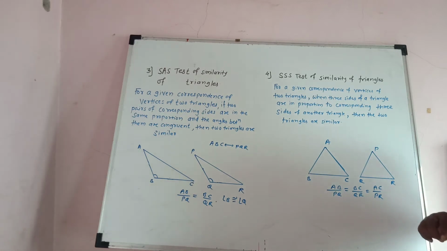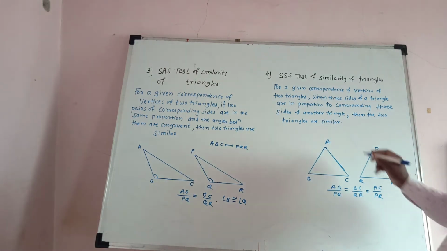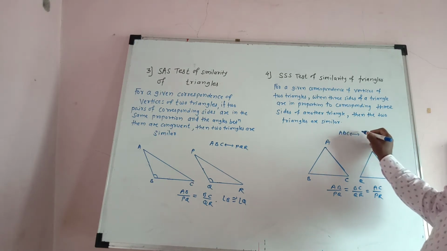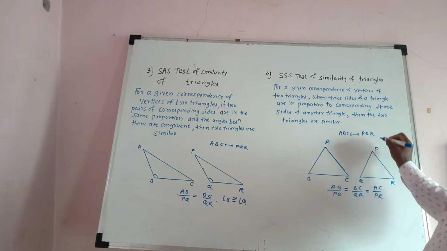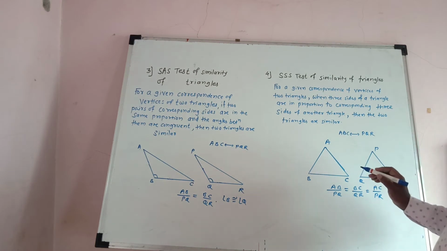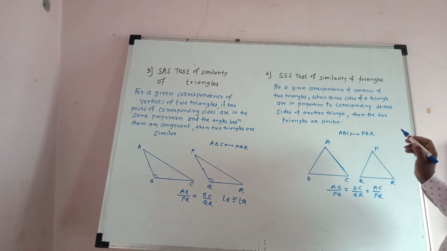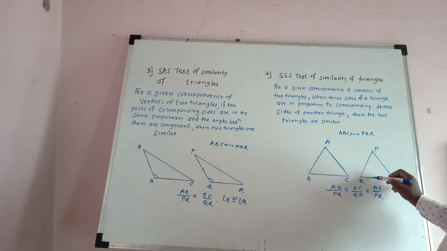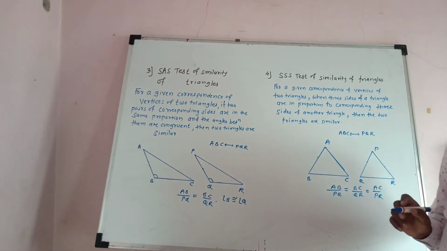When this ratio is equal, and the correspondence is ABC corresponding to PQR, then the two triangles are said to be similar by the SSS test of similarity, that is side, side, side test of similarity.